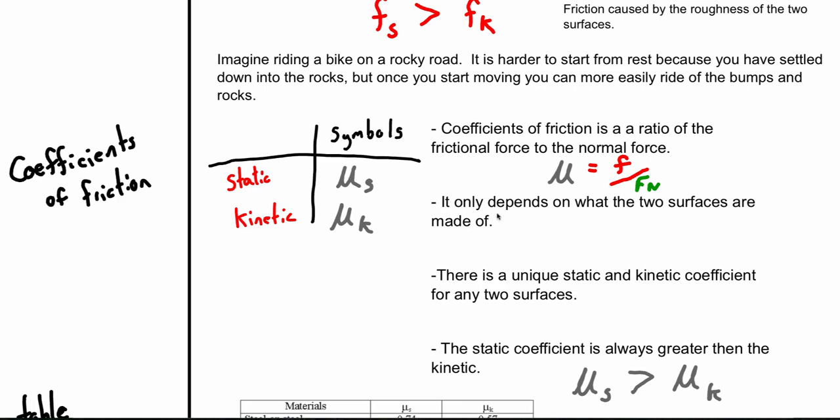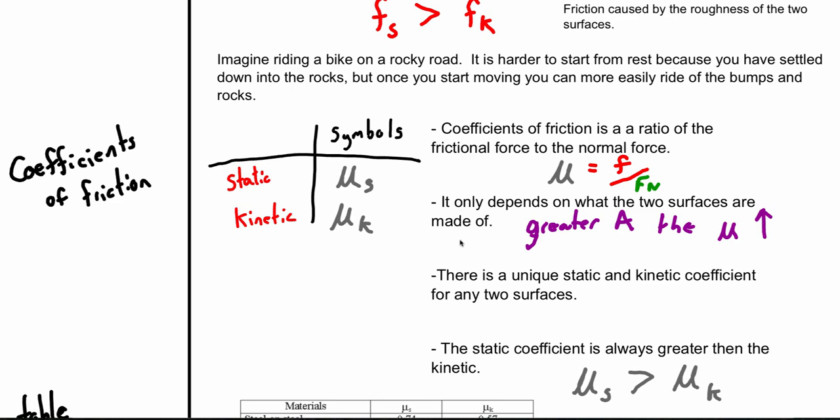An important note is that the coefficients only depend on what the two surfaces are made of. There's nothing else that determines what the coefficient is. This might seem counterintuitive. You might think that if you have a greater surface area, then mu increases, but this is not the case.